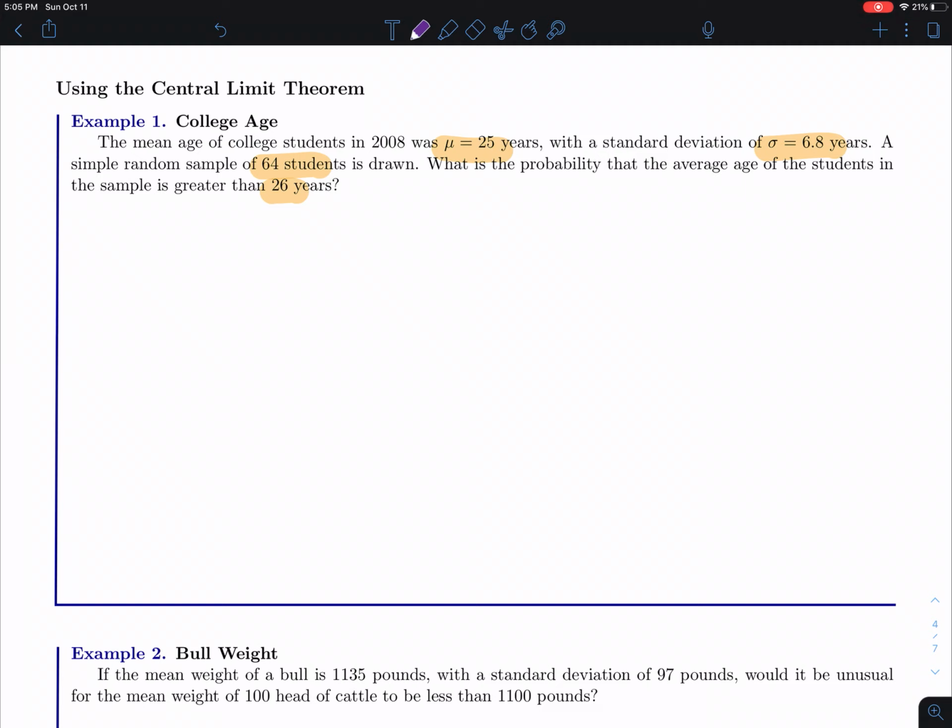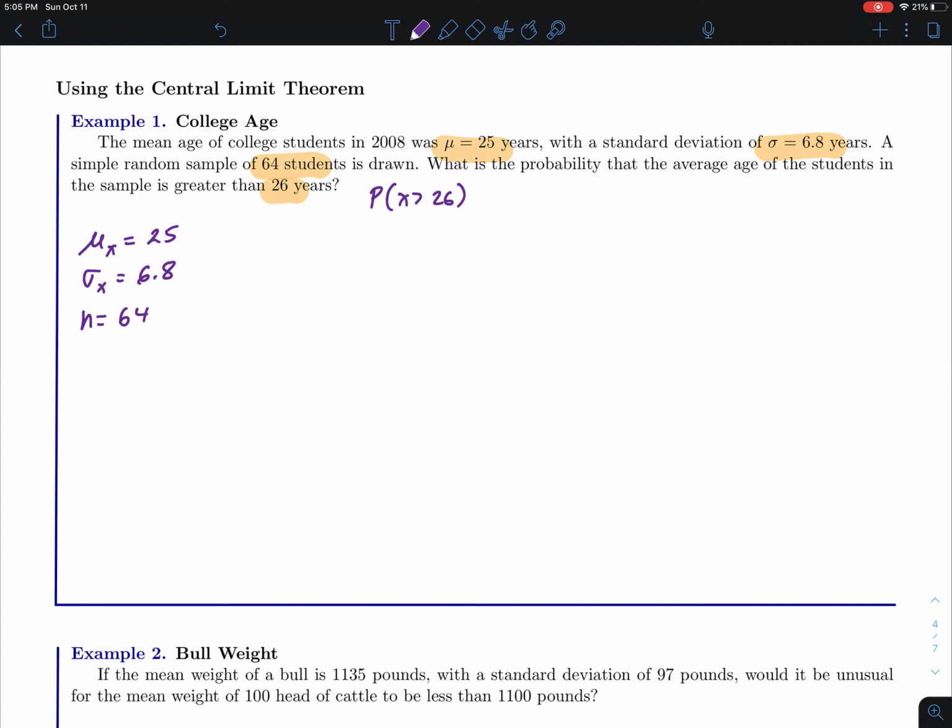So in this case, again, we've got our mu of x is 25, our sigma of x is the 6.8, and our n is 64. And what we're trying to calculate is the probability that x is greater than 26. So that's our goal. Again, for the original data, we don't know whether it's normal or not normal.